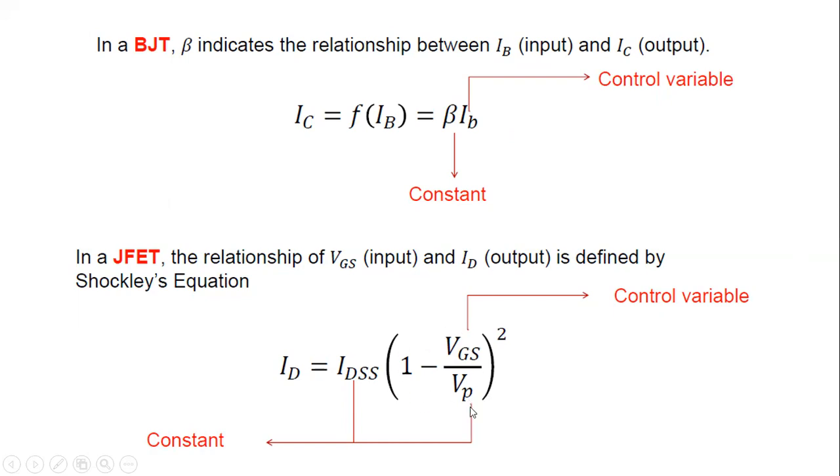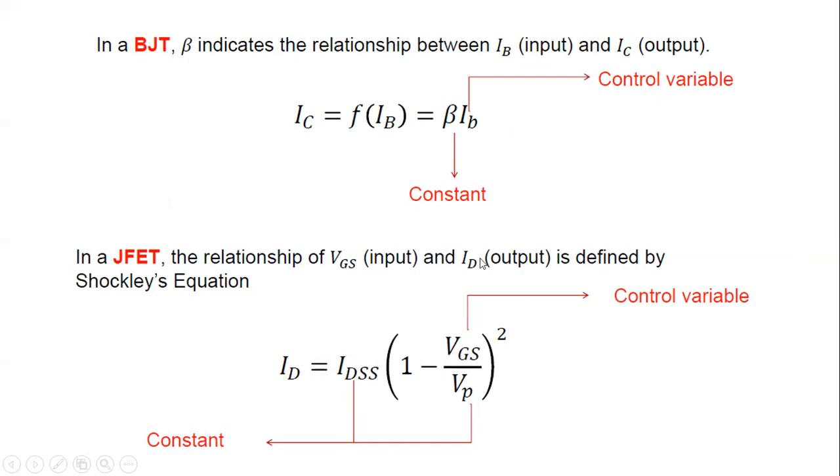This function has VGS as a control variable for the drain current flowing from drain to source. This is how we can see the relation between these currents of the BJT and the FET.